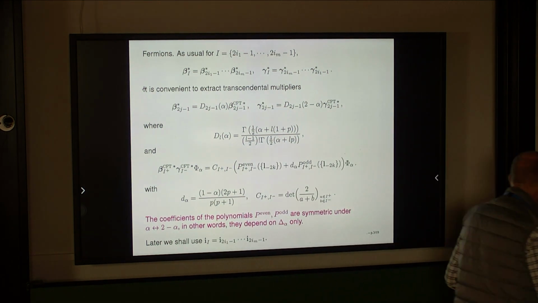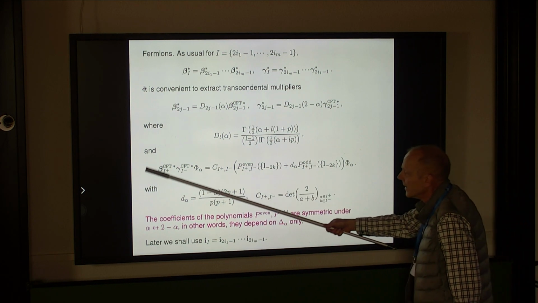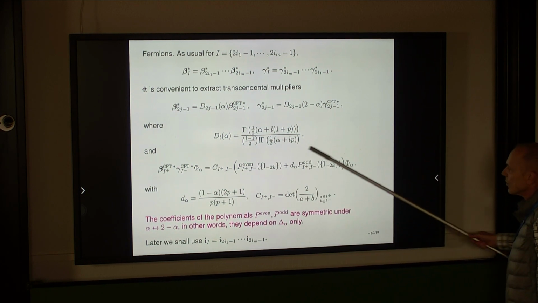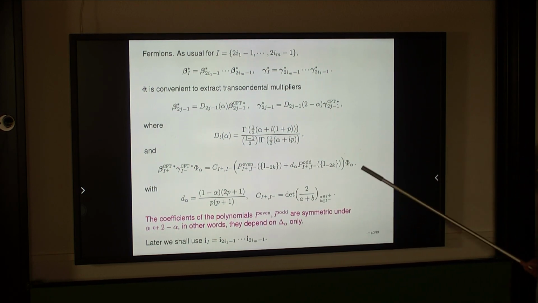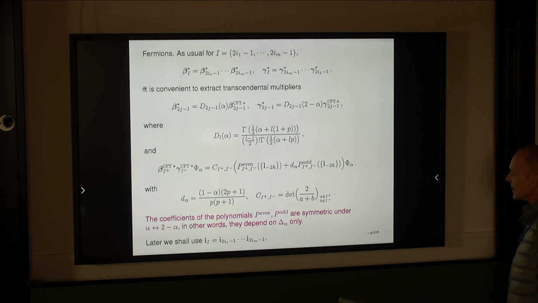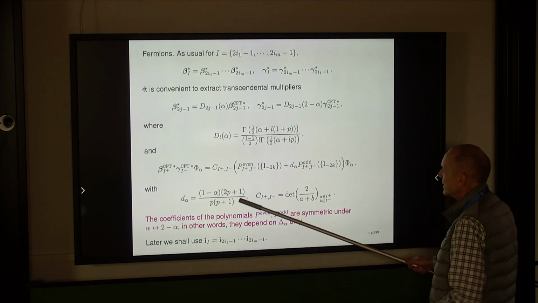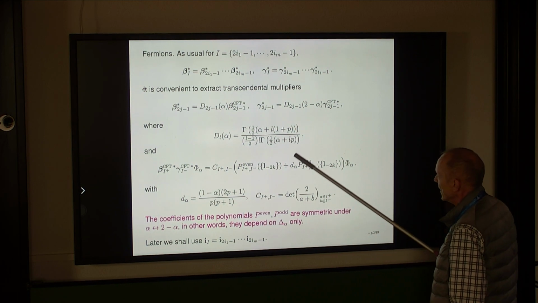So this is the definition, this is my Virasoro model description. I want everything to be invariant under this reflection alpha to 2 minus alpha, and only this one is odd, so it changes sign.